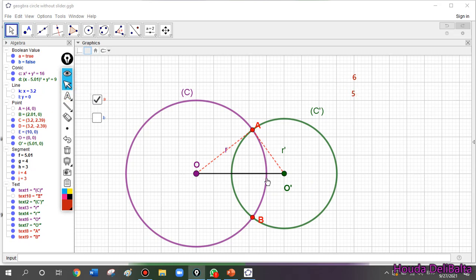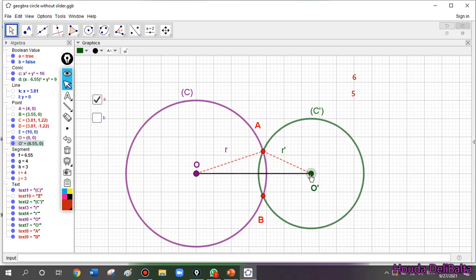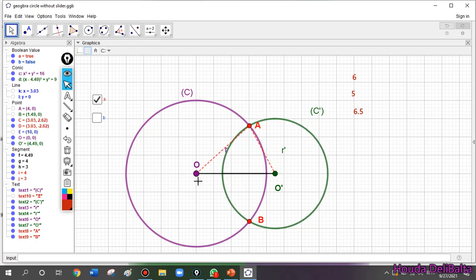Let's move it a little bit. For example, here the distance is 1, 2, 3, 4, 5, 6 and a half. Let's say it's 6 and a half. Let's move it a little bit more. For example, 1, 2, 3, 4 and a half. The distance OO prime is 4 and a half.